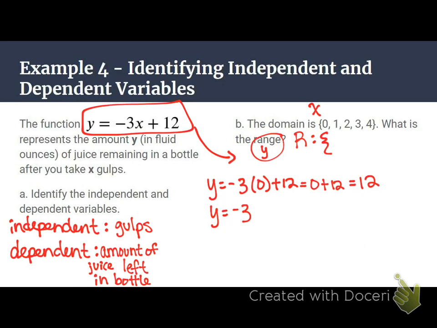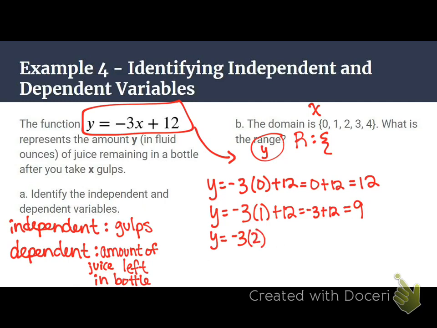Where am I getting the numbers that I'm plugging in? From that list they gave me. So if I plugged in 0, next I would plug in a 1. -3 times 1 is? -3. -3 plus 12 is 9.